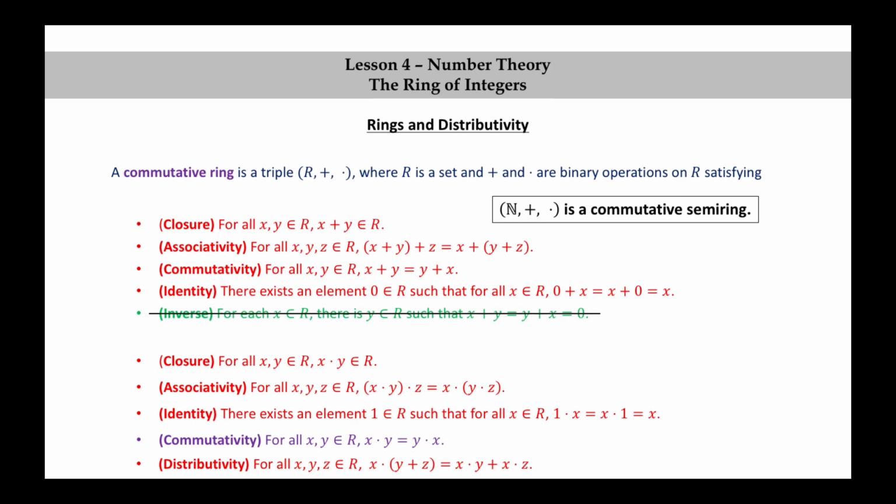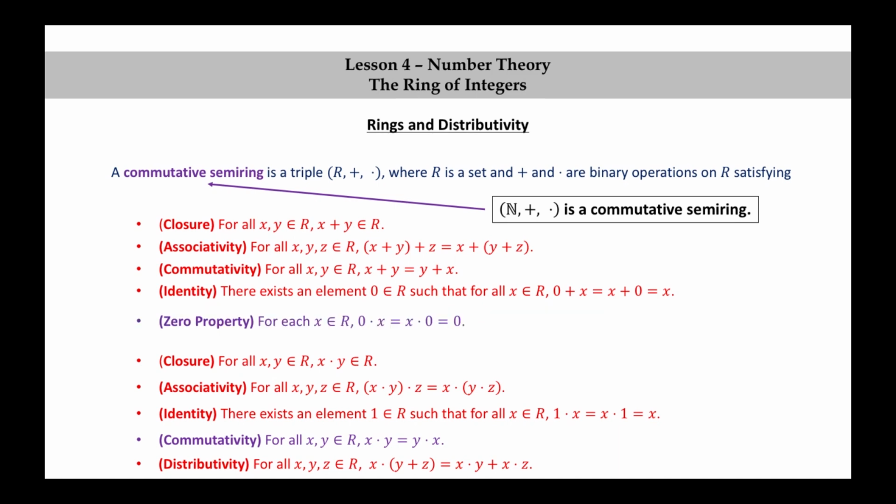We say that the set of naturals together with addition and multiplication is a commutative semi-ring. So a commutative semi-ring satisfies all the ring properties except for the additive inverse property, and in place of that we put a different property called the zero property, which says for each x in R, 0 times x and x times 0 is equal to 0.